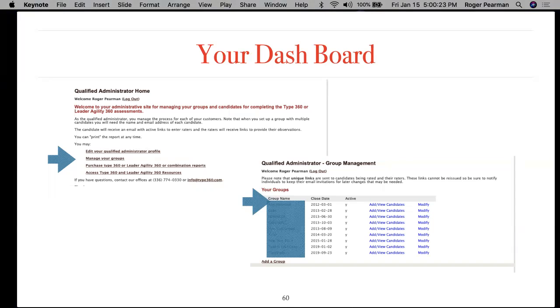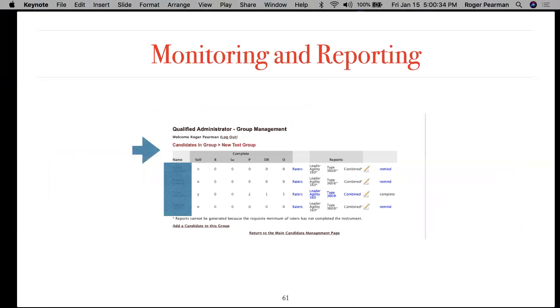The groups are named and the close date associated with that person or group. And then you can see whether or not you need to look at your candidates in any particular way. With each and every candidate, it will tell you how many people have completed the rating on that individual. You can click on raters and see who the raters are and even send a reminder to the raters.